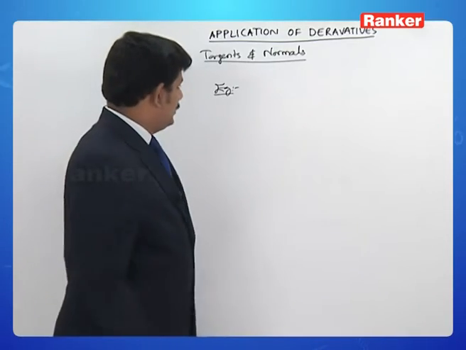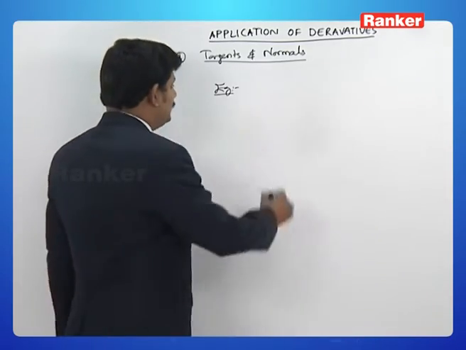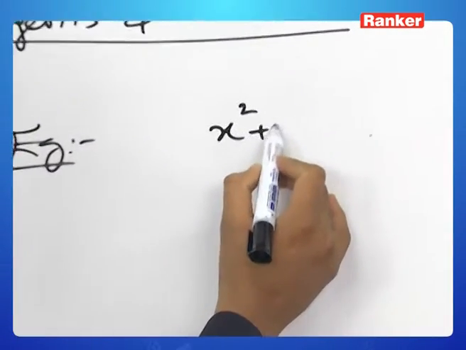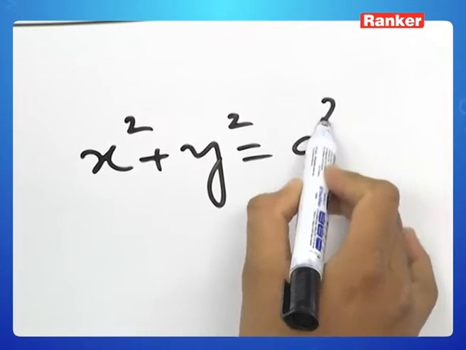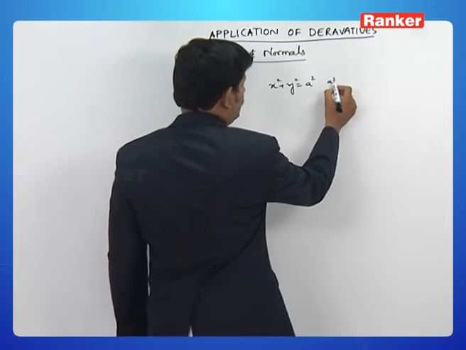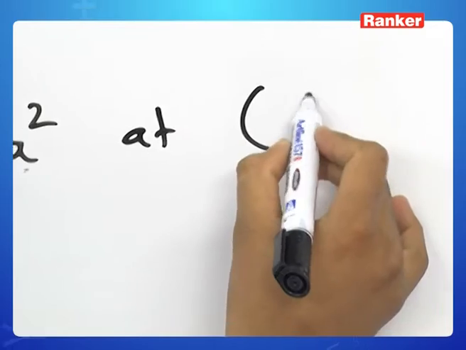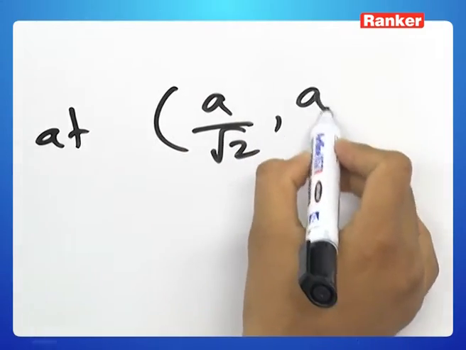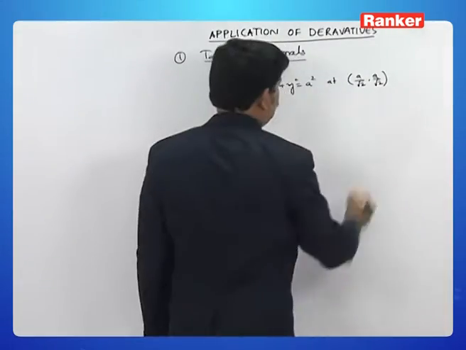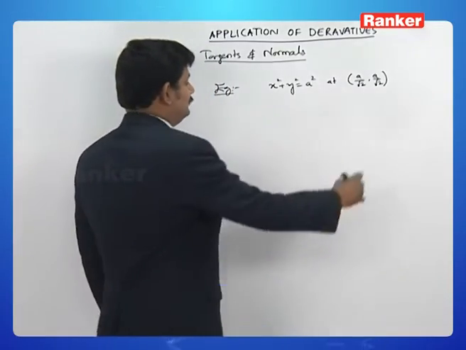Let us look at another example. On the curve x square plus y square is equal to a square, at the point (a by root 2, a by root 2), find the equation of the normal.